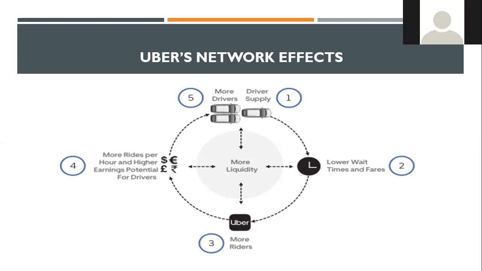So in the event that there's not enough riders, the drivers will then have two options, because in places like the US, a driver can have a Lyft account and an Uber account. So they can switch depending on which one is busy, and Uber doesn't want that. So they need to make sure they have the optimum amount of riders. But this is the network effect. So the problem comes if you don't have enough drivers, the riders will go away. So they need to manage this balance. But the moment you have the right amount, then the network works.